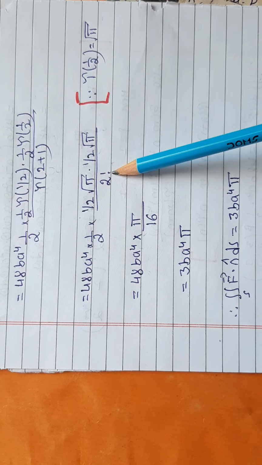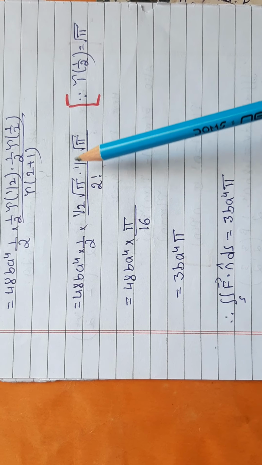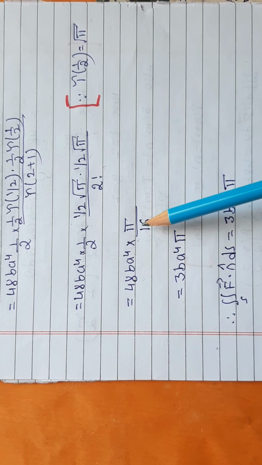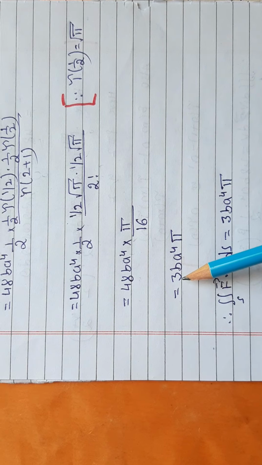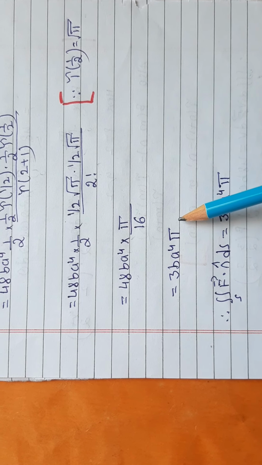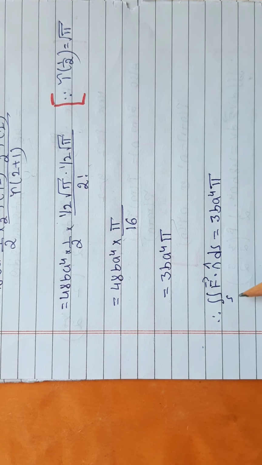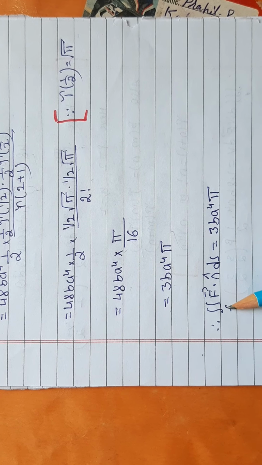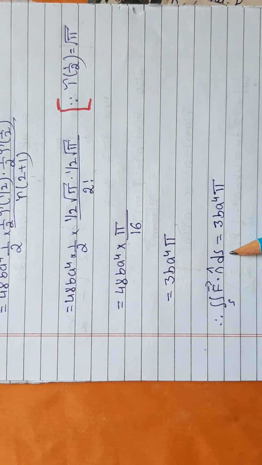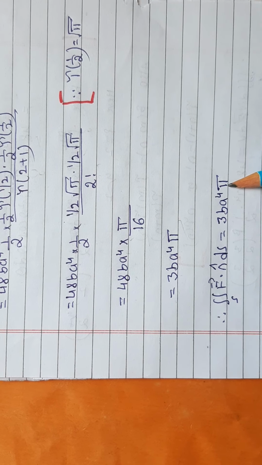Factorial of 2 is 2. Therefore its value is 16. Then root pi into root pi is pi. Now cancelling terms, which is equal to 3 into b a to the power 4 into pi. Therefore, the surface integral value, double integration over S of f dot n cap into dS, is 3b a to the power 4 into pi.